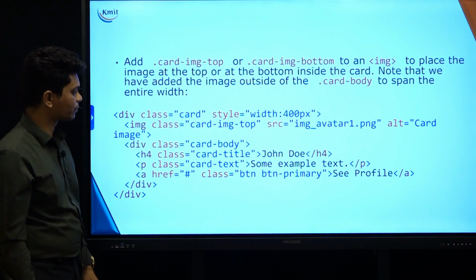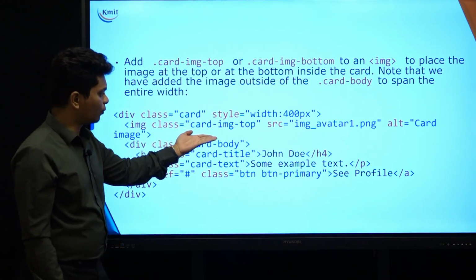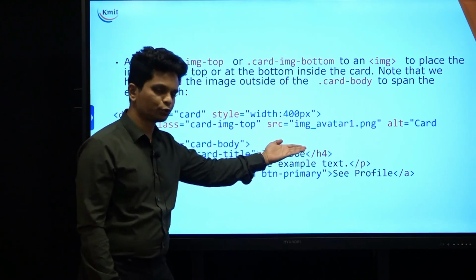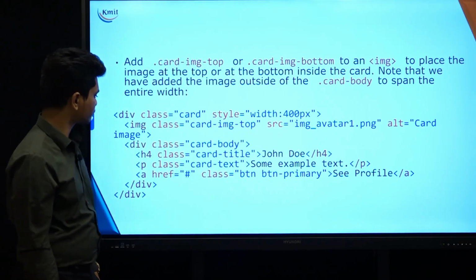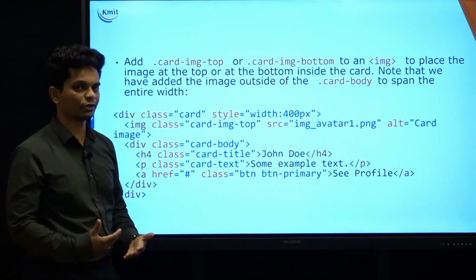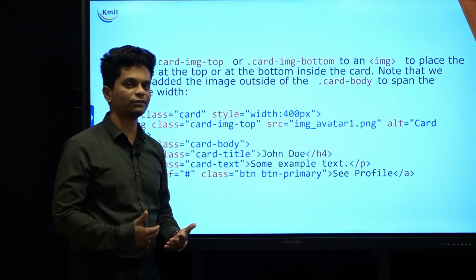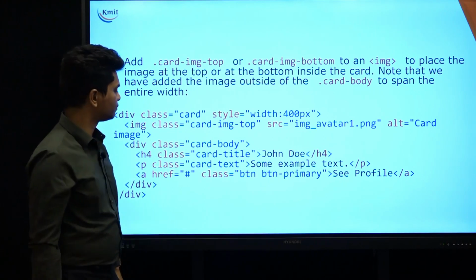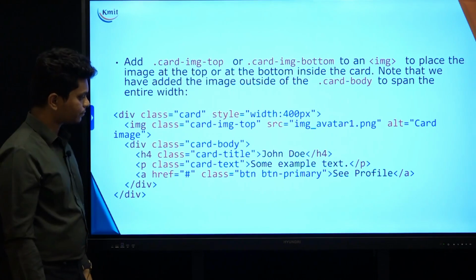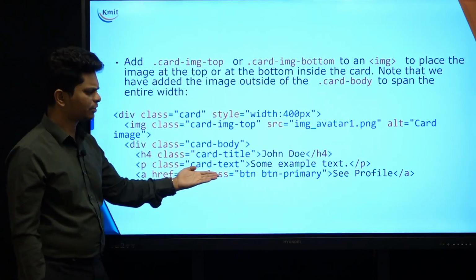Later I wanted to add the card image at the top, and this is my source of the card, and that's the alt description, which is an alternative description just in case the image doesn't show up. And later the card body, finally the title and some text.